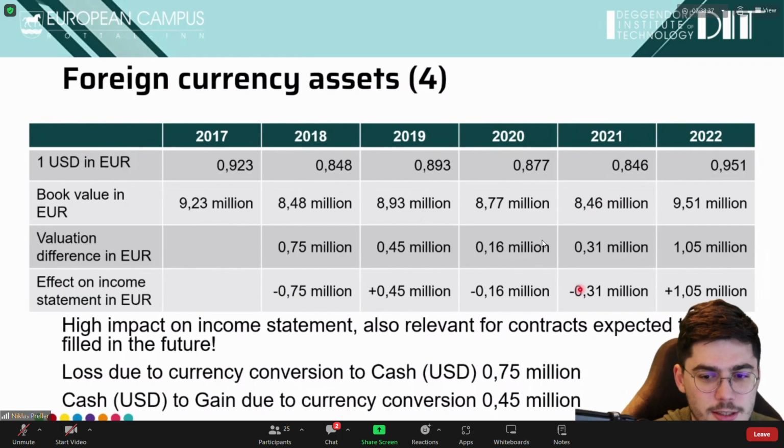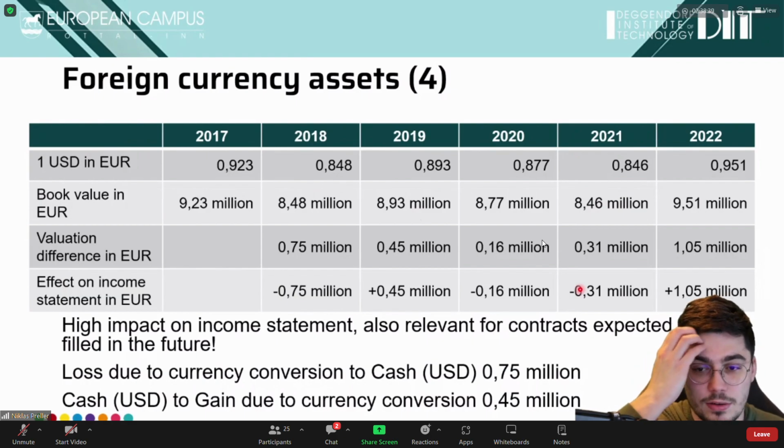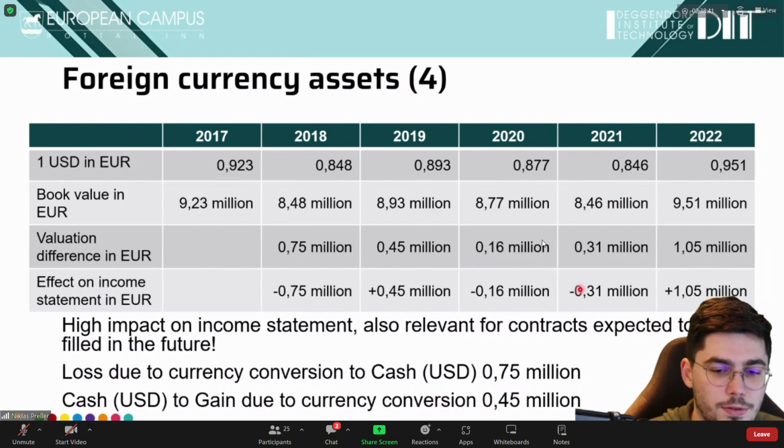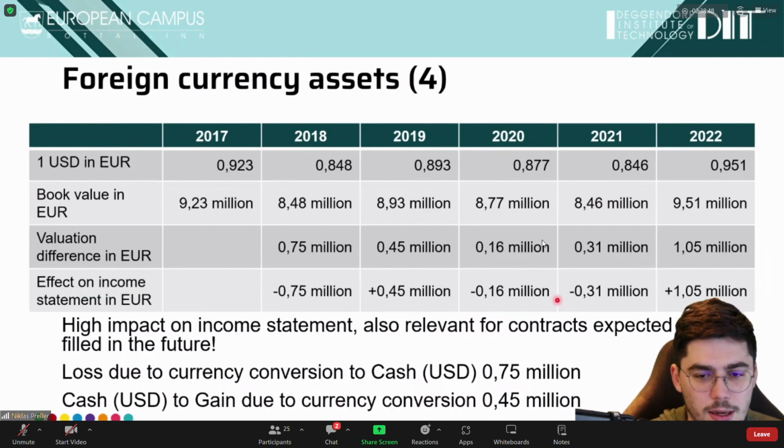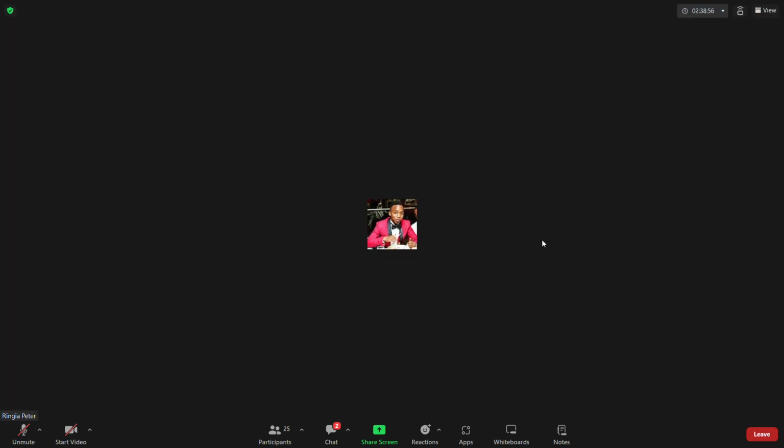But that was just a side fact that I wanted to tell you from the real world. In our simplification, all of this is an effect on the income statement. Does that answer your question? Yes, you answered the question. Thank you. Okay.